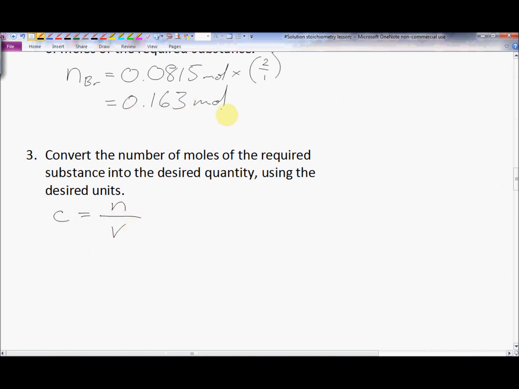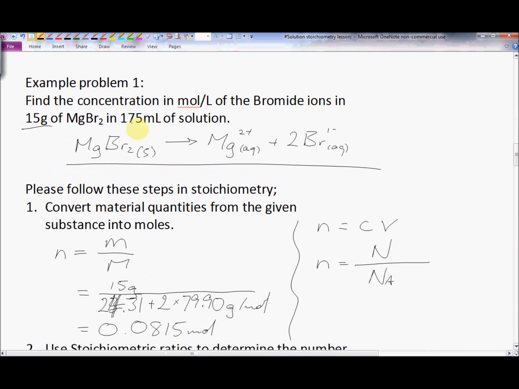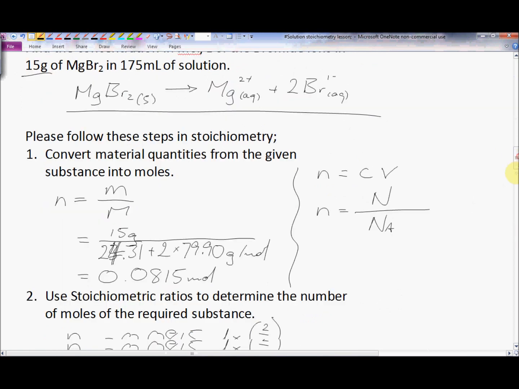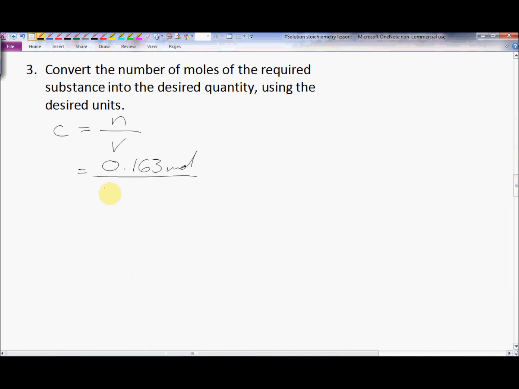We just found the number of moles of bromide, so we're going to have 0.163 moles divided by our volume, and the question told us that we have 175 milliliters of the solution. So we'll take 175 milliliters down here.